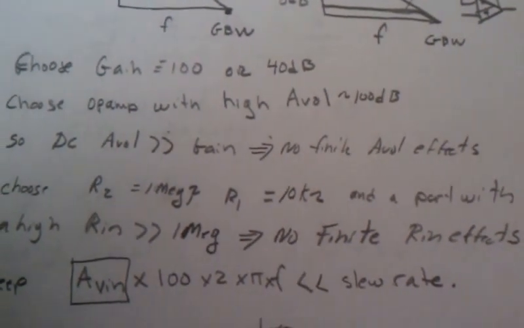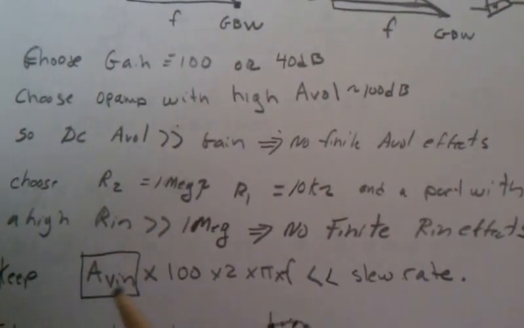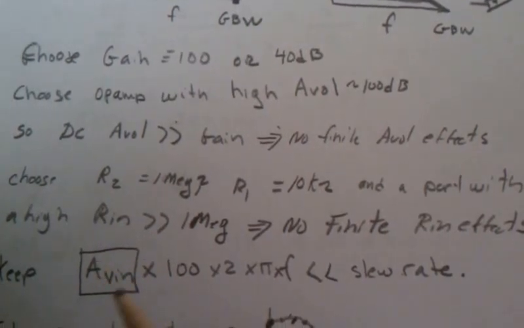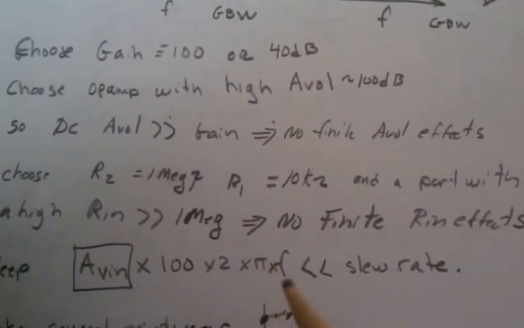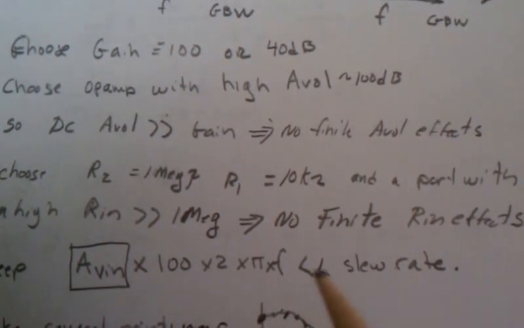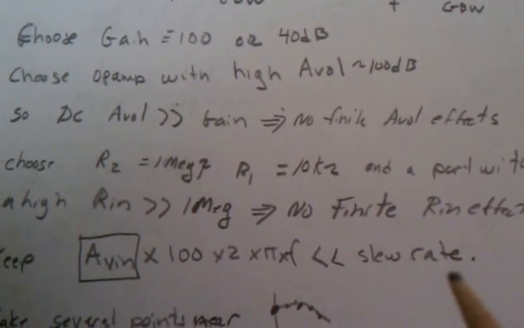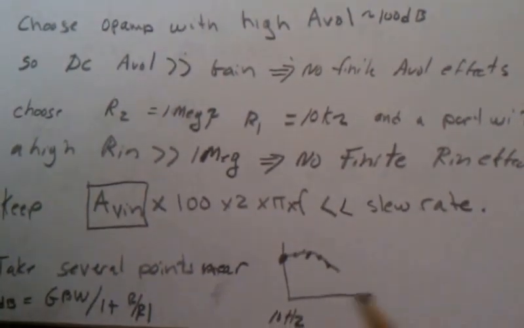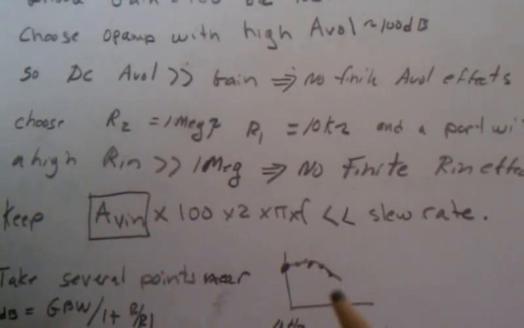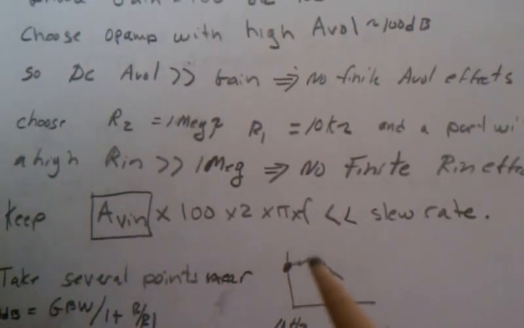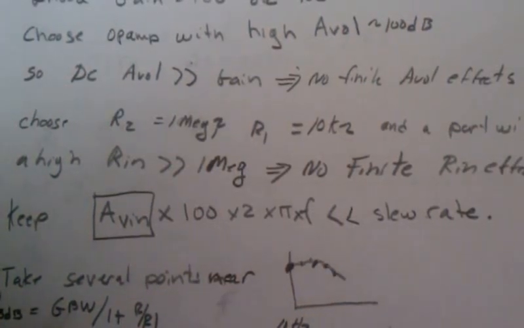Also, to prevent slew rate, I keep the amplitude of the input vector times the gain times 2 times pi, which is the maximum slew rate, a lot less than the slew rate. That way I can't possibly be slew rate limited. Then I'll calculate the frequency of interest and take some 5 data points above and 5 data points below.